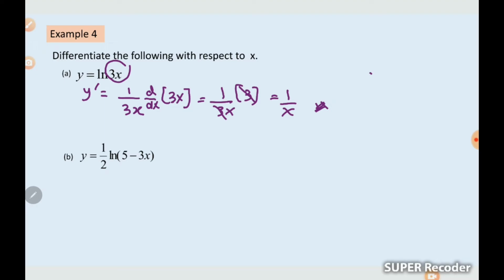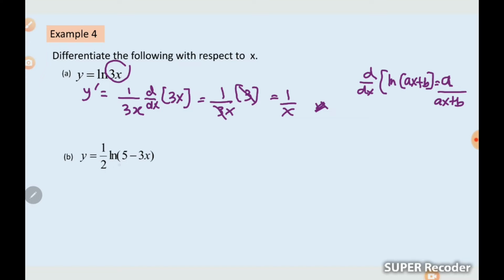Please memorize the formula, yeah. One more time: d/dx ln(ax plus b), the answer is 1 over (ax plus b), then differentiate ax plus b, the answer is a.